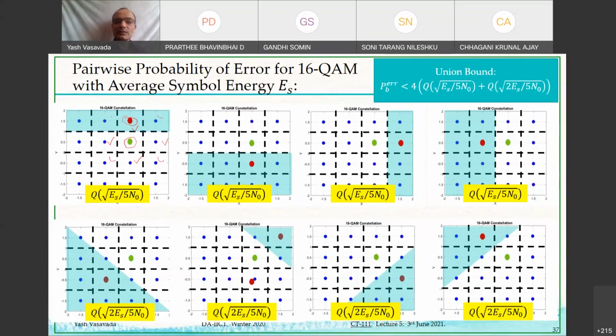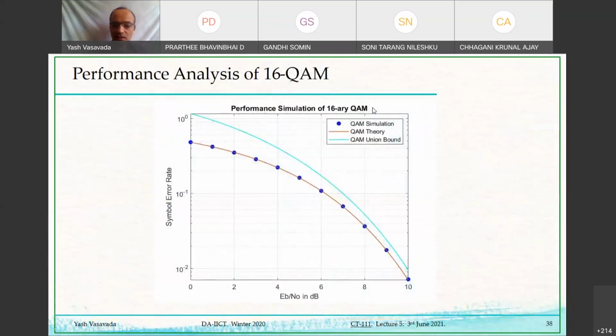They are square root of 2 times ES divided by 2.5. And so that is why we have 2 terms here. And both of these terms get multiplied by 4 because there are those many symbols nearby. And this is the union bound, and bound is in the sense that it's not a lower bound, it's an upper bound.